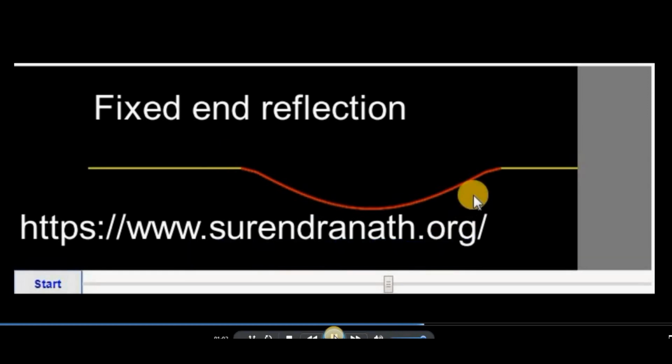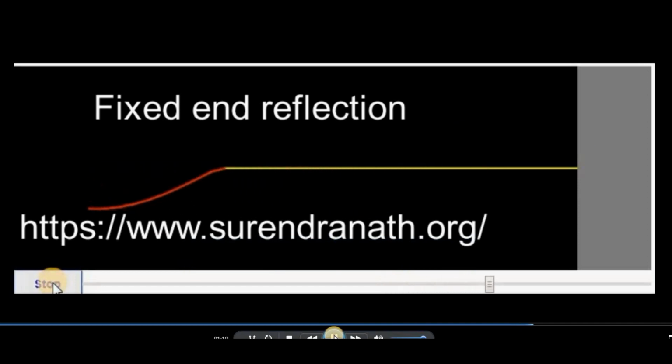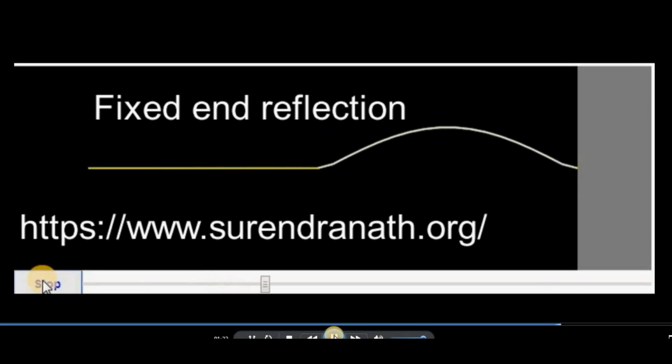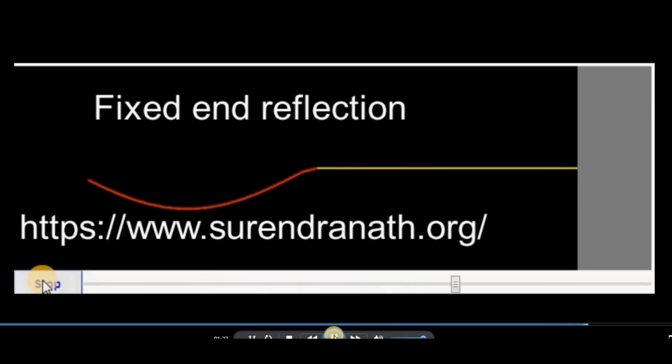Therefore, this represents the reflected wave whose amplitude changes sign. So in this way, we can understand how the transverse wave undergoes reflection from a fixed end. Again, you can see the video. The white one represents the incident wave and the red one represents the reflected wave.